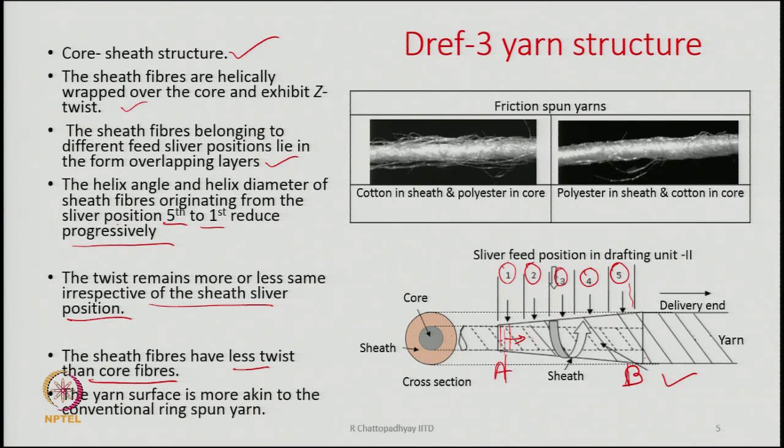As I said, in some cases the twist may remain trapped. Theoretically or ideally we would expect the entire false twist to be removed, but practically it has been seen that some twist remains trapped, and there are some zones where the sheath fibers may show less twist than the core fibers.